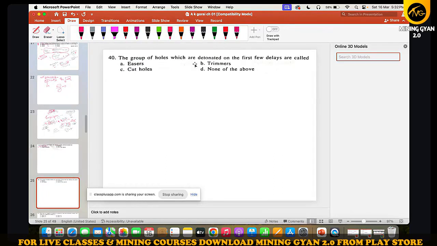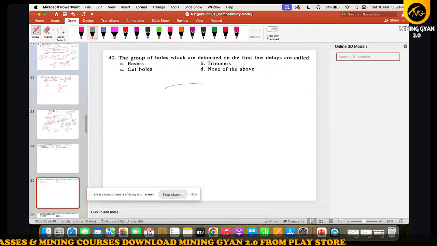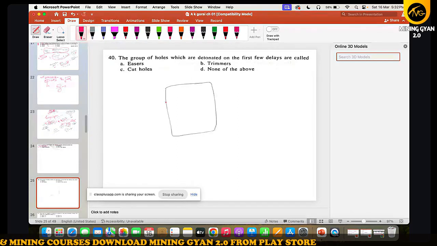The group of holes which are detonated on the first few delays are called, I explained you, if this is your face and this is your hole, the cut hole.